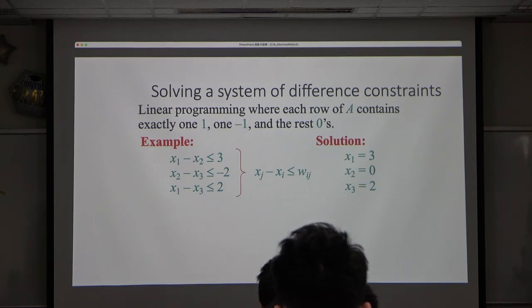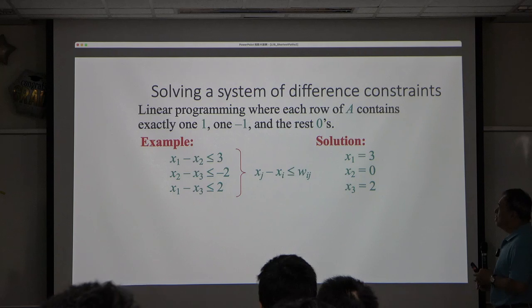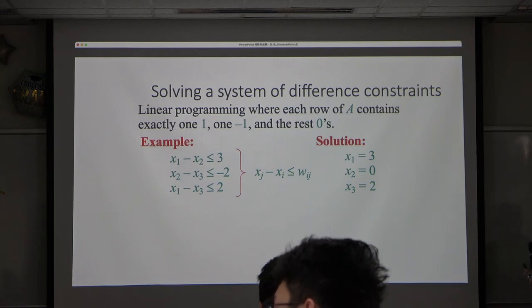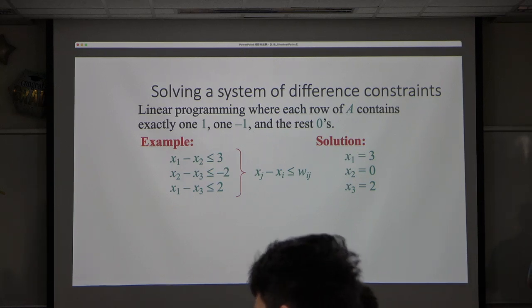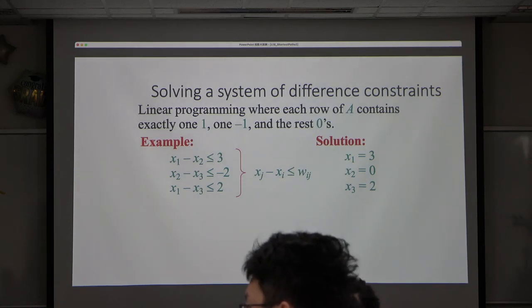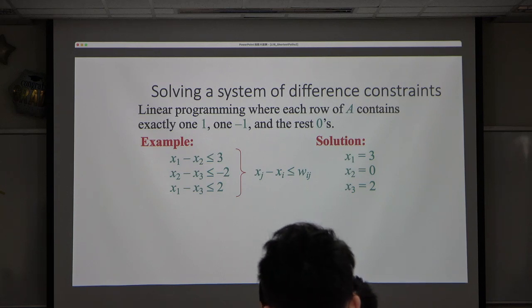And then X2 points to X1, and we have 3 there. It's representing the first constraint.